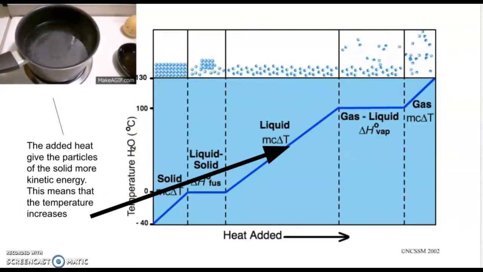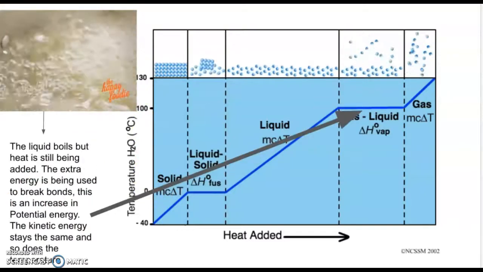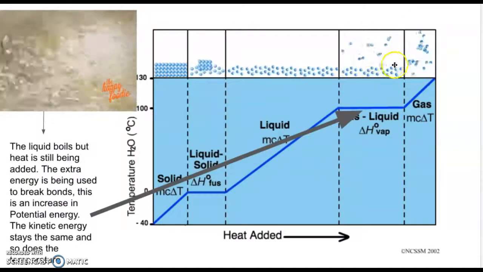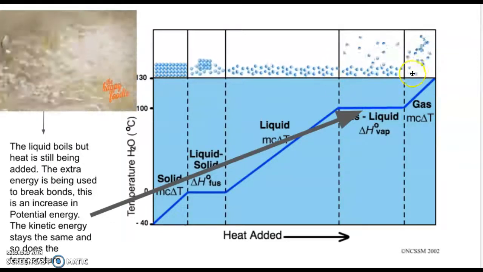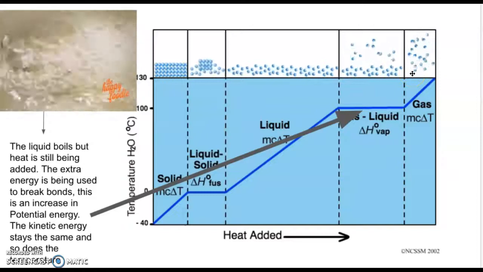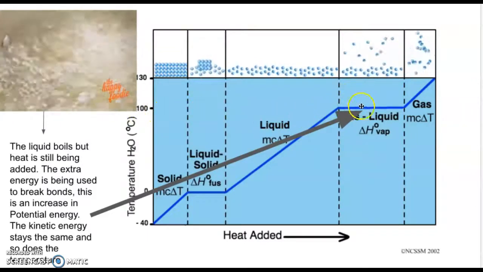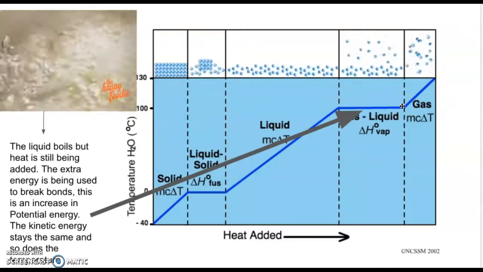And then it all happens again when we get to that boiling point, right? When the boiling point starts, then those bonds which are keeping the particles in a liquid formation start to be broken. That's an increase in potential energy, right? Not an increase in kinetic energy. And so therefore the temperature does not change. And all the heat energy is being transferred to potential energy.